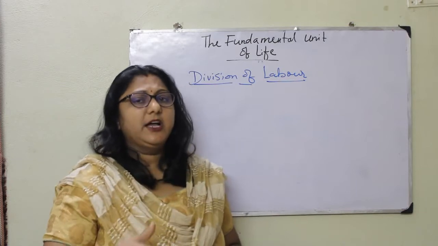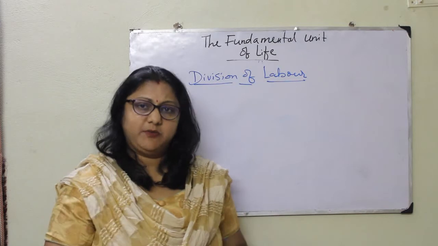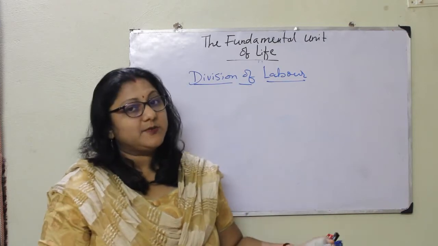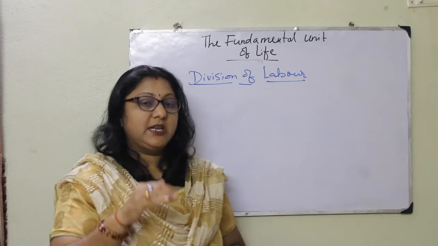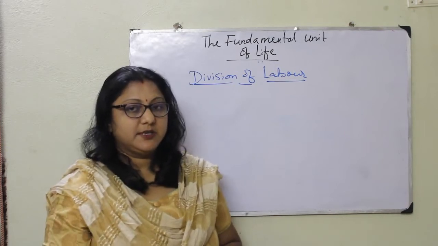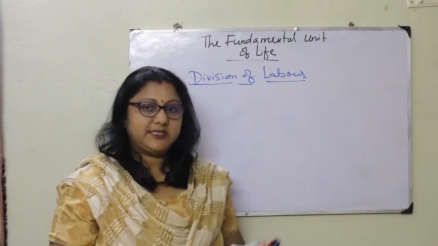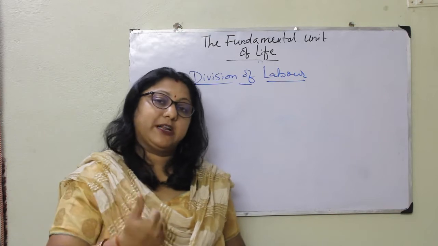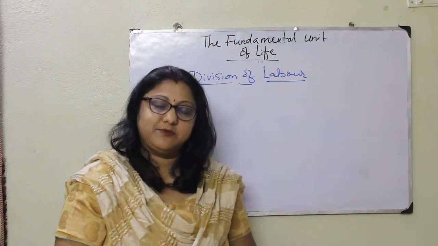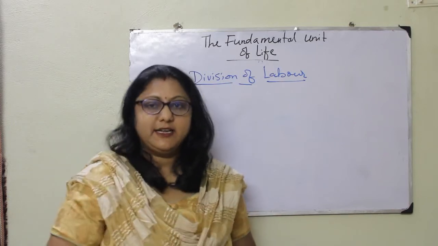So in that way, all the organs have been given some work by the body. The heart will do its work, whereas the lungs will do their own work. The lungs will not do the heart's work or the digestive system's work. Clear? So the stomach will carry out its own work. So we have different organ systems. Right? So we have a complex system which is working in a coordinated manner.